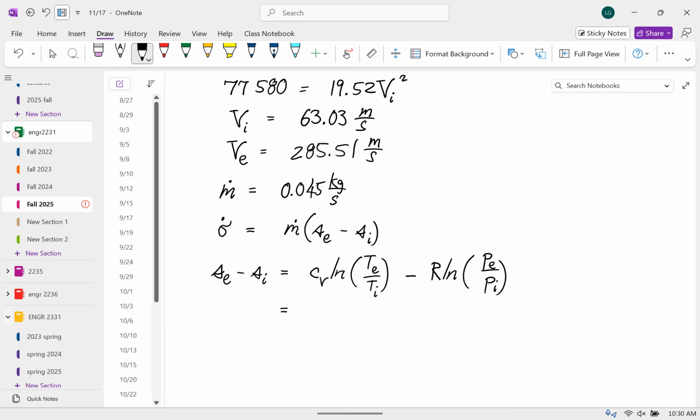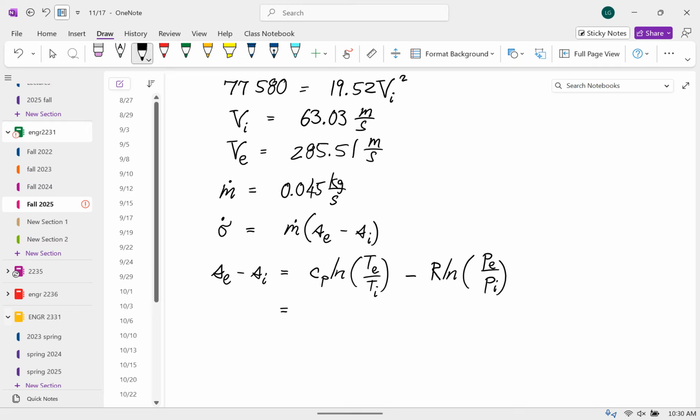Do I have this equation sitting around? This is actually Cp.